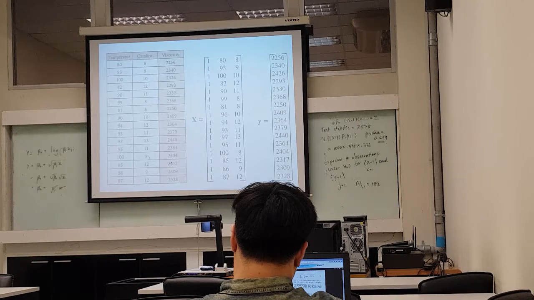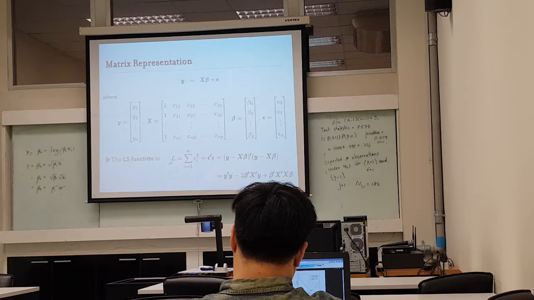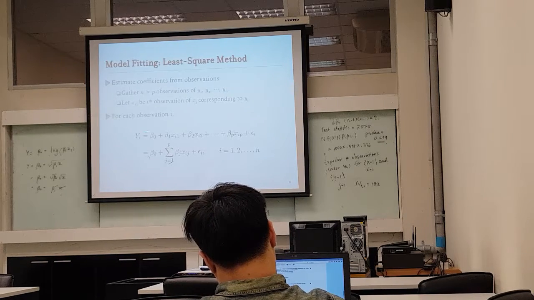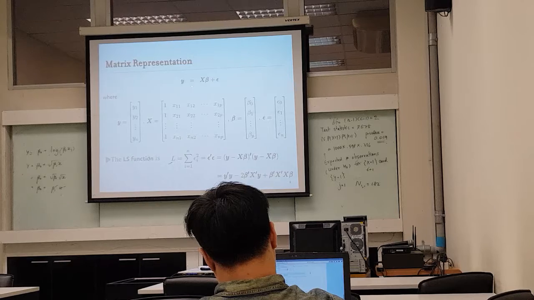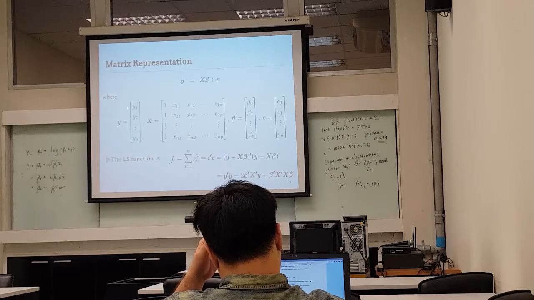If you write the data like this, matrix x and vector y, you can rewrite this linear model in matrix form like this: Y equals X beta plus epsilon, where y is your observation, observations 1 to n, a vector.